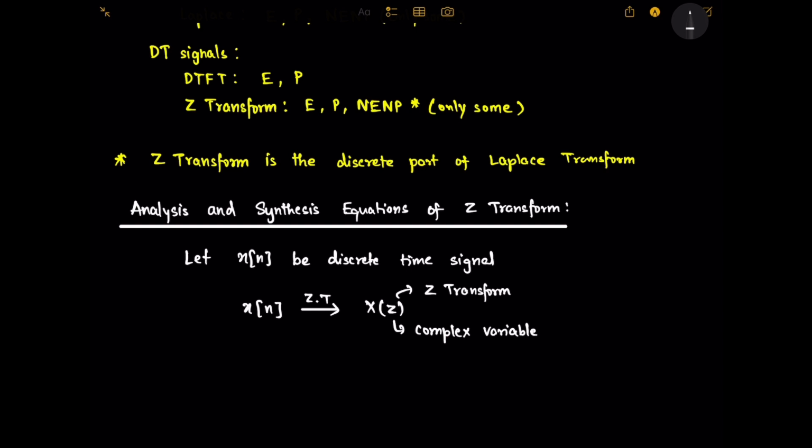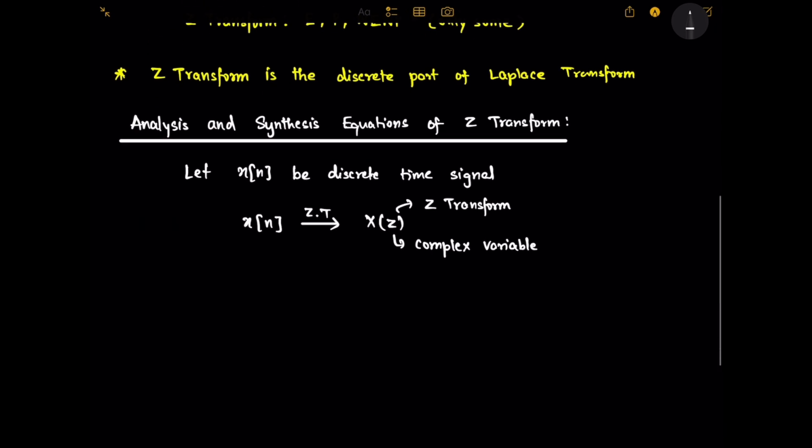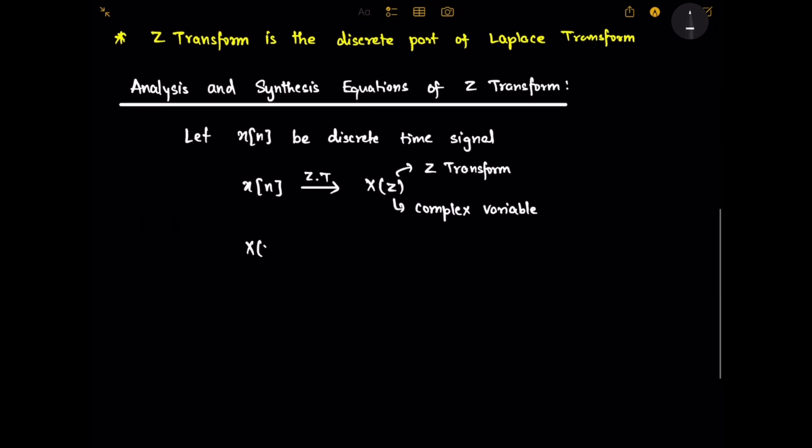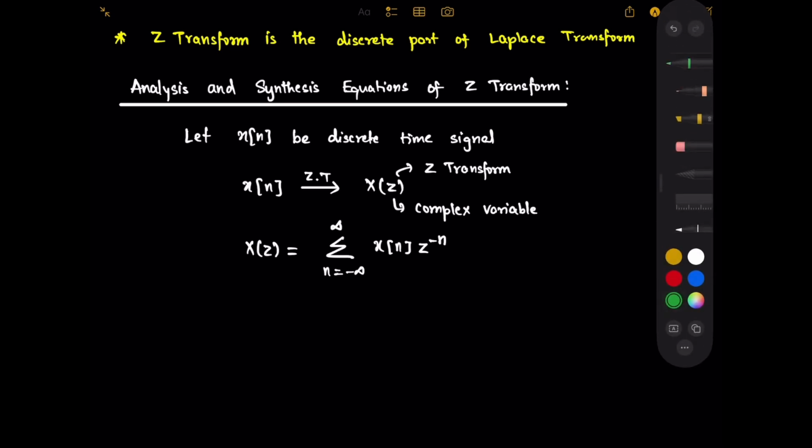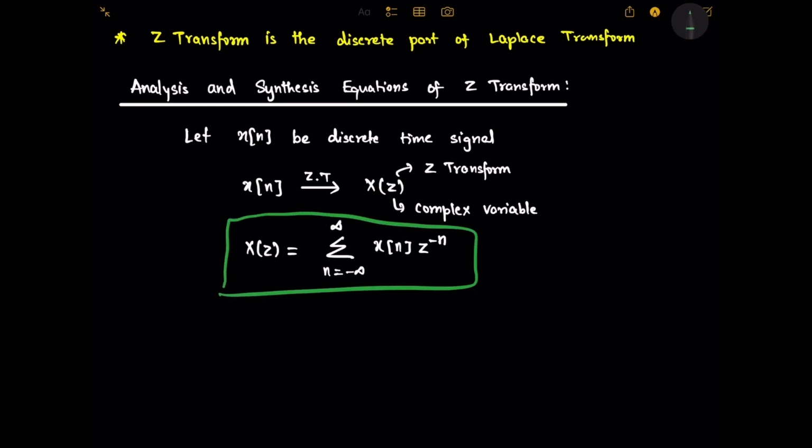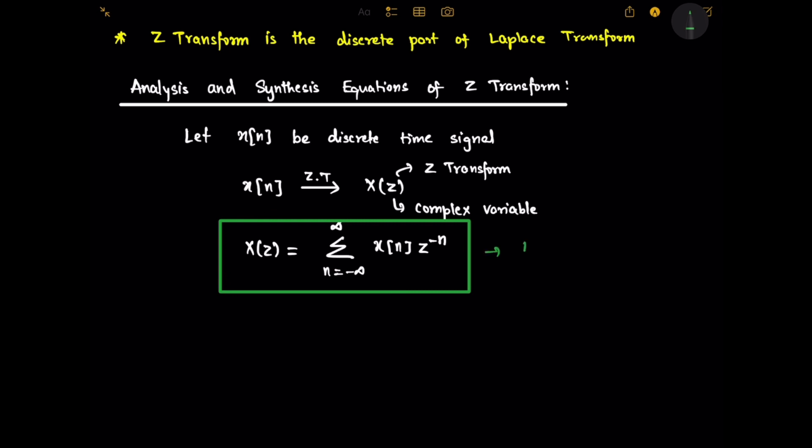So how does this transformation take place? That is determined by the analysis equation. We are going to say X of z equals the summation over n from minus infinity to infinity of x of n z to the power minus n, and this is called the analysis equation of Z transform.